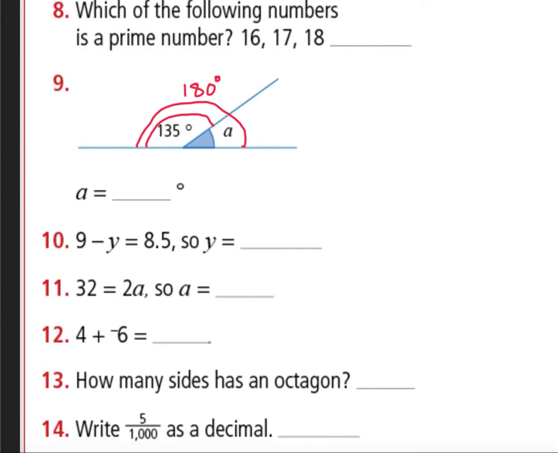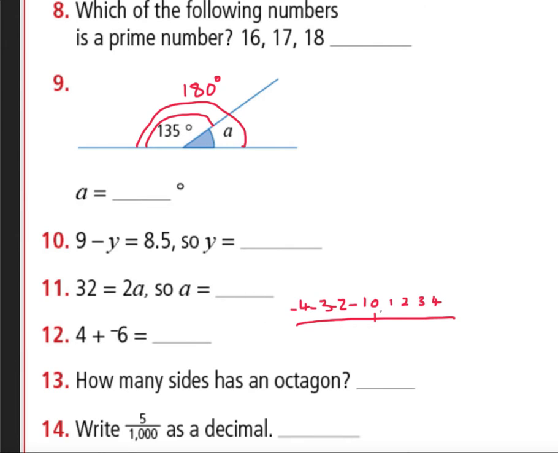Number 12, we have 4 plus minus 6. So if we draw our number line here and we put 0 in the middle, that's 0, then we'll have 1, 2, 3, 4, and on this side we're going to go minus 1, minus 2, minus 3, minus 4, and hopefully that'll be enough.